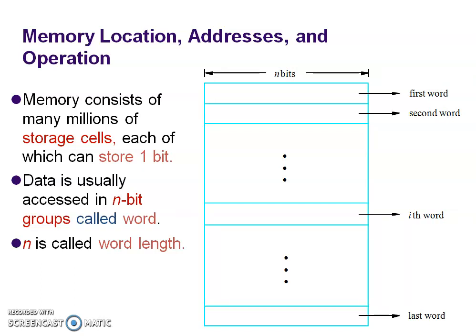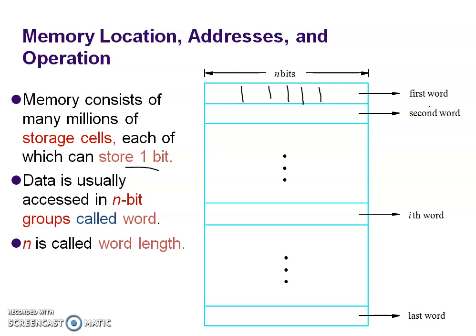Memory consists of many millions of storage cells. Each can store one bit of information. So it is divided into some number of cells, in which each will be allowed to store one bit of information.